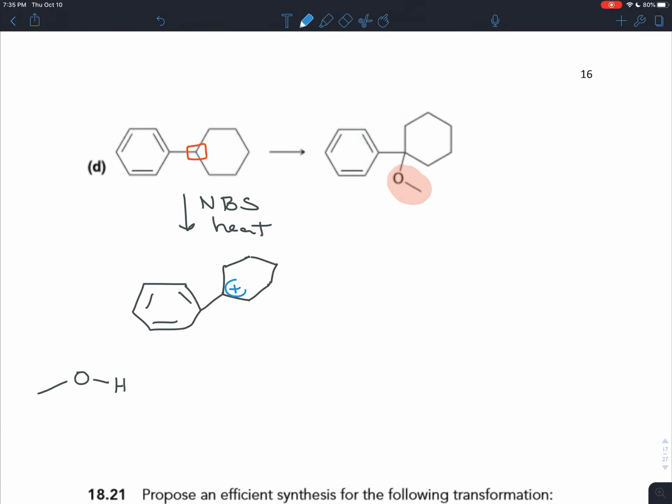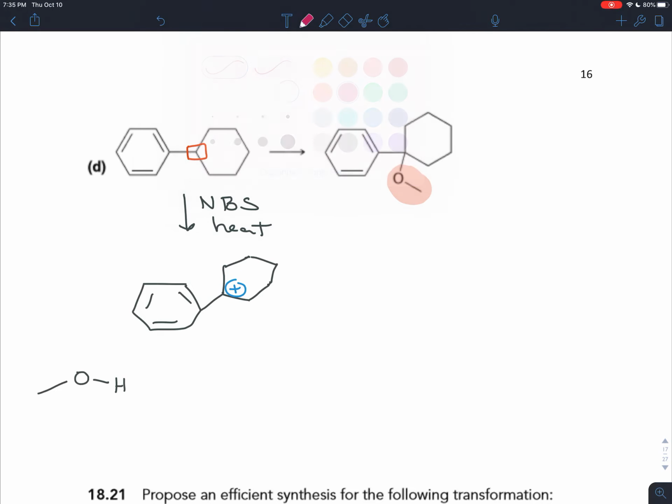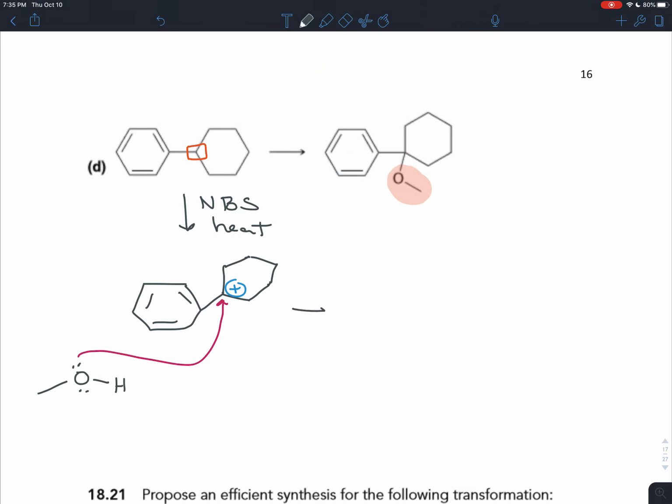Once it leaves, that leaves that carbon there as a carbocation. And now, because it has a full positive charge, even this weak, stable nucleophile will attack it. So you have nucleophilic attack, second step for this substitution reaction. And that almost gives you your product.